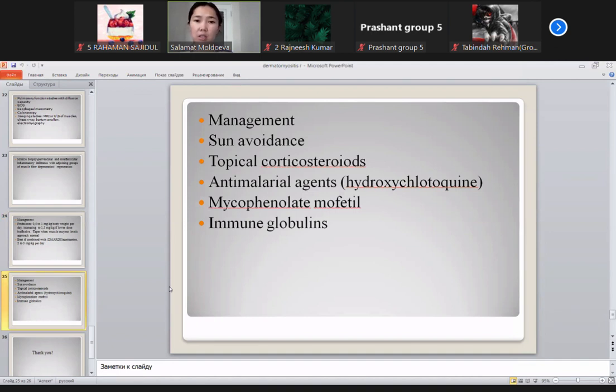For example, antimalarial hydroxychloroquine and mycophenolate mofetil should have been on the previous slide. This group of drugs you will also recommend if azathioprine is not effective. Next is mycophenolate mofetil. Sometimes we can also recommend antimalarial drugs. Before, in SLE, you already saw that hydroxychloroquine is also useful.